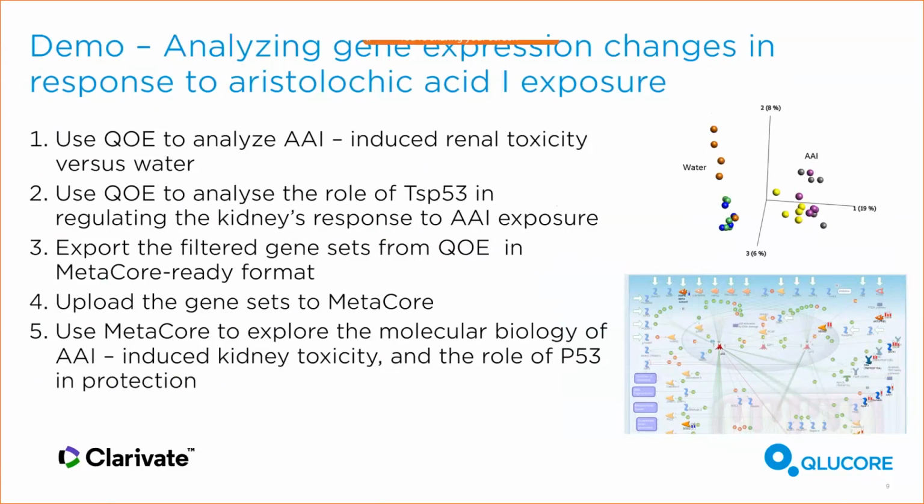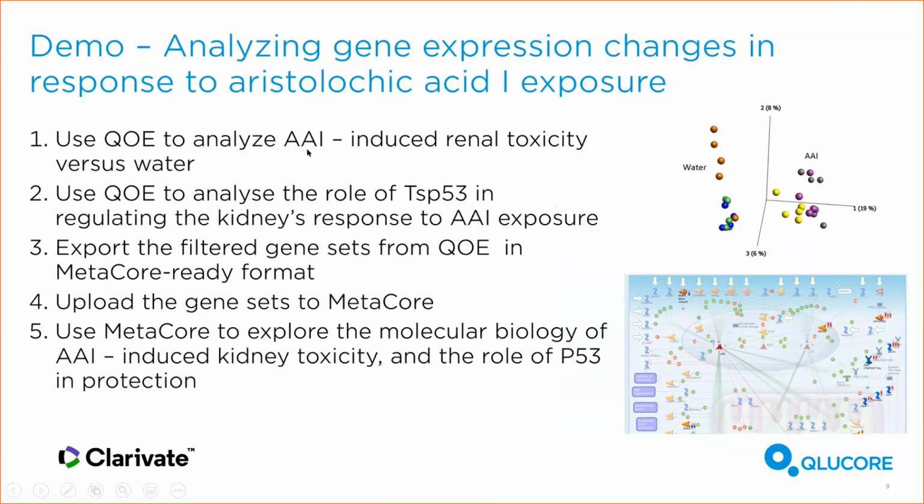Yes, so we will start by using Qlucore Omics Explorer now to analyze, sorry, the menu row falls down here, to analyze the gene expression changes in response to the exposure to Aristolochic acid 1.